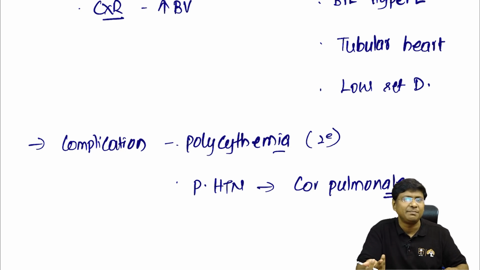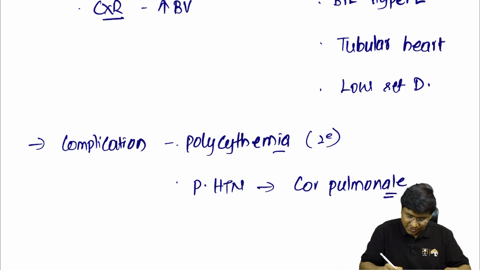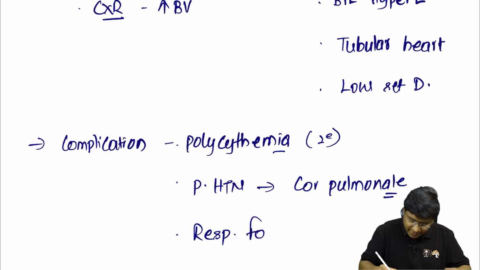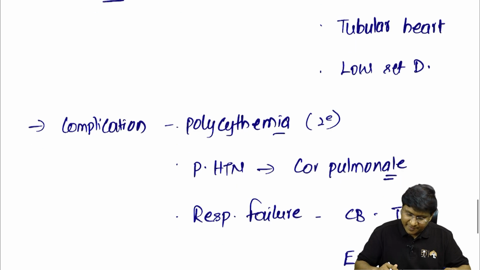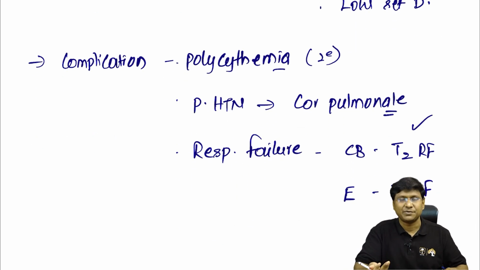Then what are the other complications that you come across in these patients? They will go into a state of respiratory failure, right? In patients with chronic bronchitis, it is type 2 respiratory failure, whereas in patients with emphysema, it is type 1 respiratory failure.